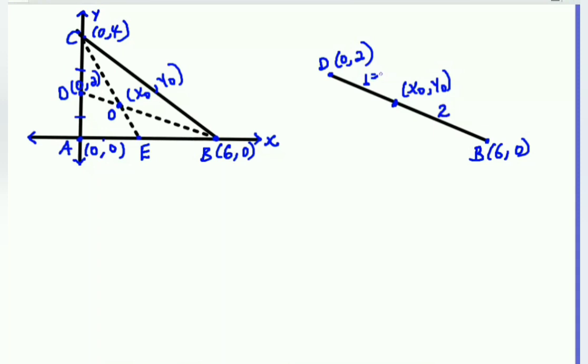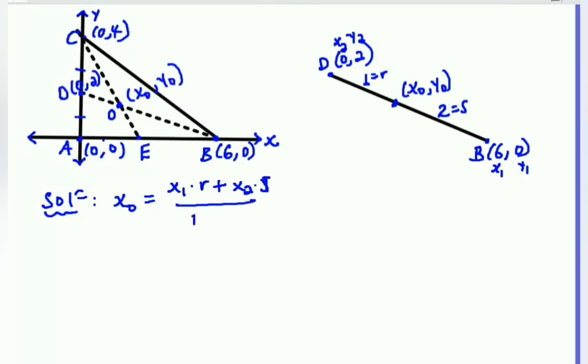So this is r, and you can say this is s. Give a name for this coordinate, say x1, y1. Say this point is x2, y2. Therefore, we can easily calculate the point in which the medians intersect. By the formula, x naught is x1 times r plus x2 times s, over r plus s.